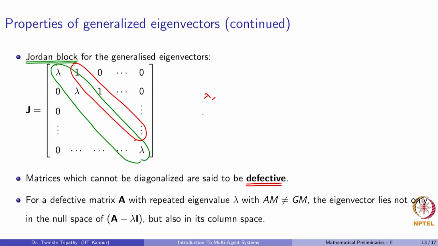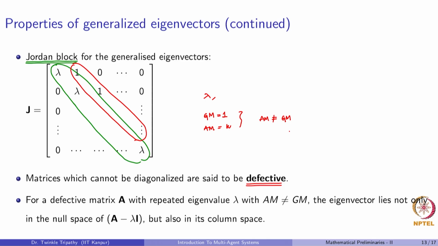Notice further that the geometric multiplicity, which is simply the number of linearly independent eigenvectors that we can find, is equal to 1, and the algebraic multiplicity, which is the number of times it is repeated, is equal to k. Meaning, for such matrices and for that particular eigenvalue, the algebraic multiplicity is not equal to the geometric multiplicity. So this is the property of a defective matrix.